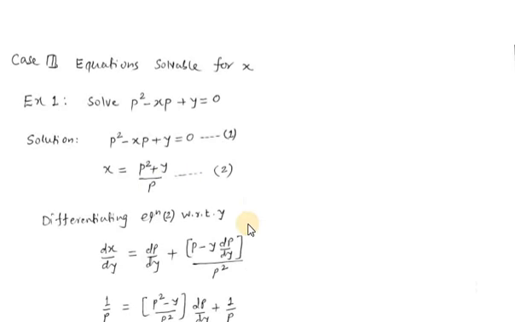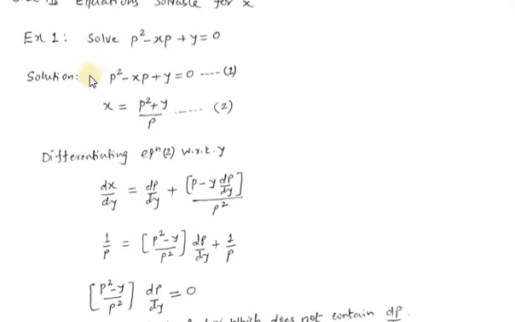Differentiating this equation 2 with respect to y. So derivative of x with respect to y, it will become dx by dy equals to derivative of (p square plus y) by p. So first term will become p square over p, so it will be p, and derivative of p with respect to y, answer is dp by dy.